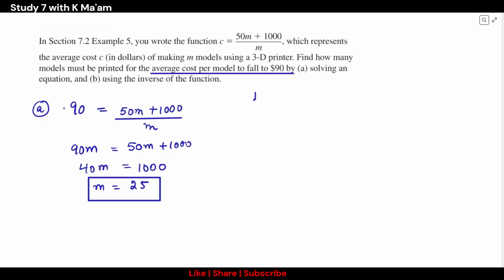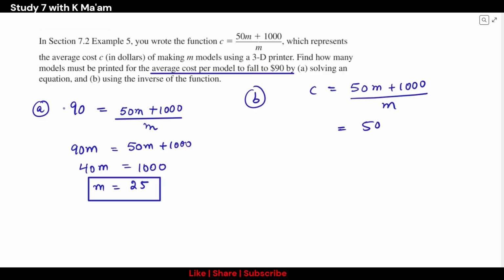Now look for the b part: solving the equation using the inverse. Using the inverse means we will convert this average cost function into m, the number of models. C equals 50m plus 1000 over m. Try to solve for m.